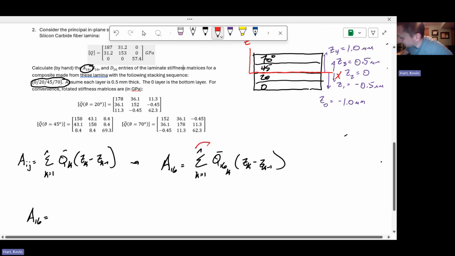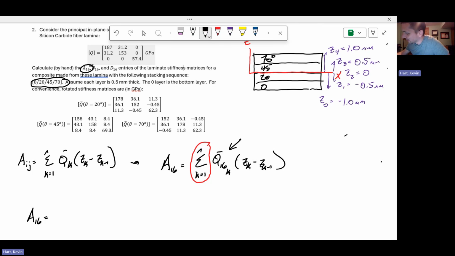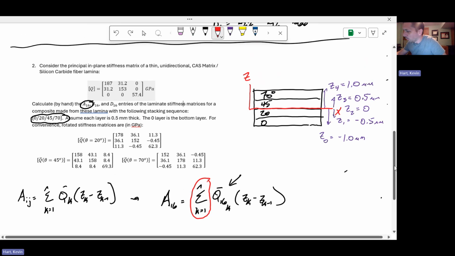We have 4 layers here, so k is going to go from 1 to 4. That's fine, and we're going to do these summations. The first layer is Q bar 16 of layer 1. Layer 1 is the 0-degree layer. The 16 entry of the 0-degree layer is here.